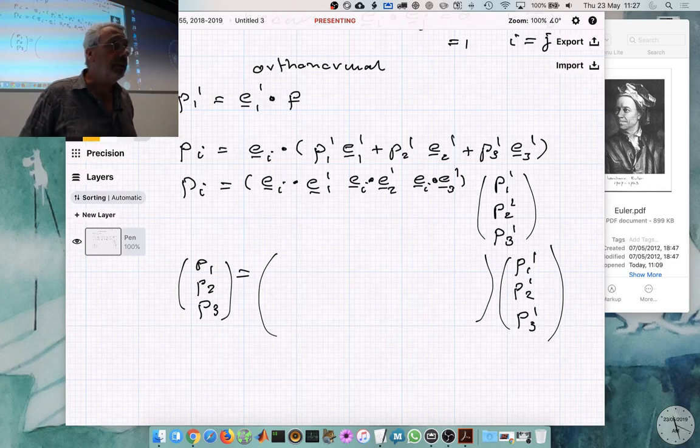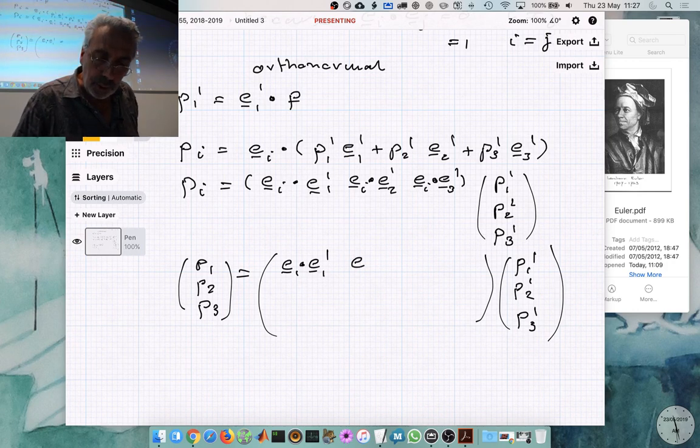And what are the entries in the matrix? It's all the dot products you can think of. And so, of course, it starts with E1 dot E1 prime. And then the second one is again E1 dot E2 prime. And then E1 dot E3 prime.